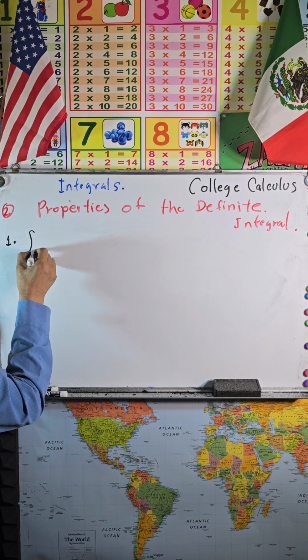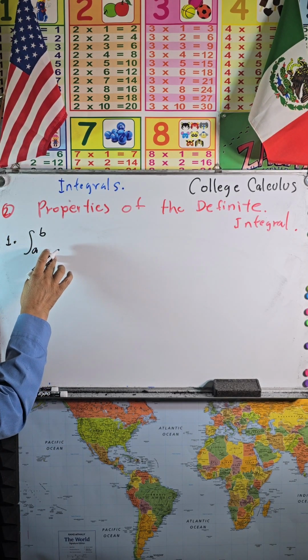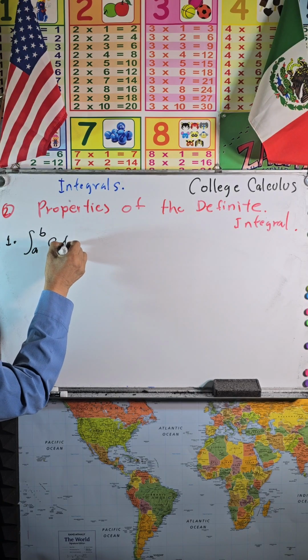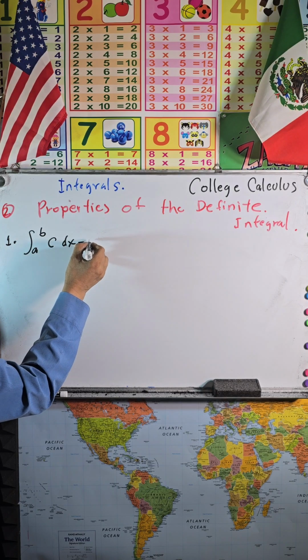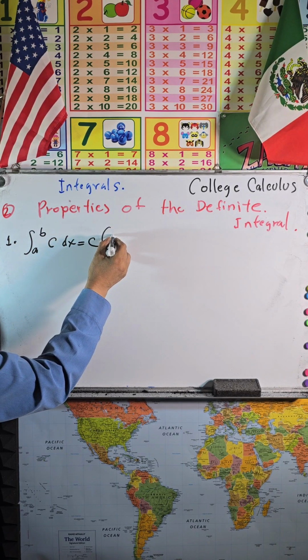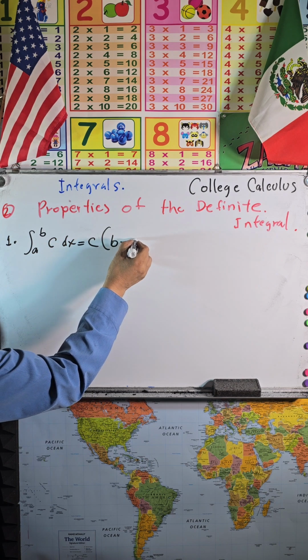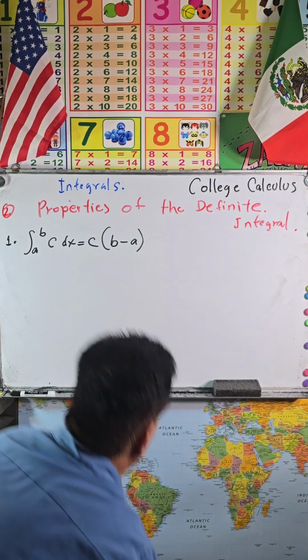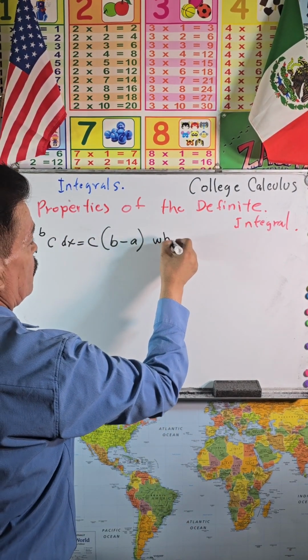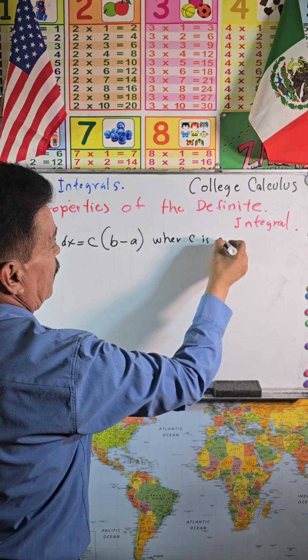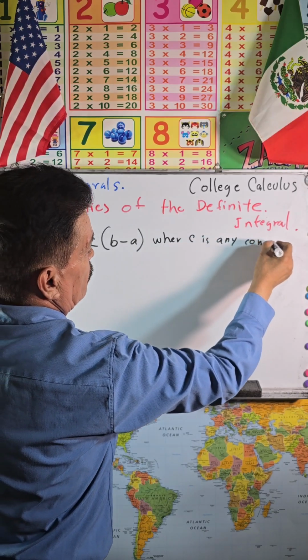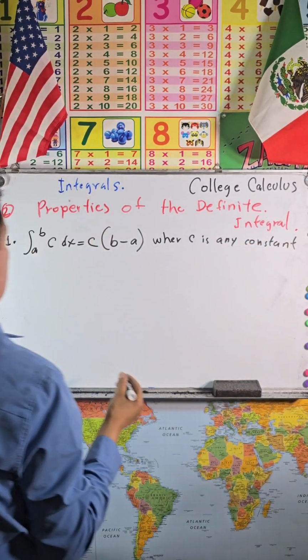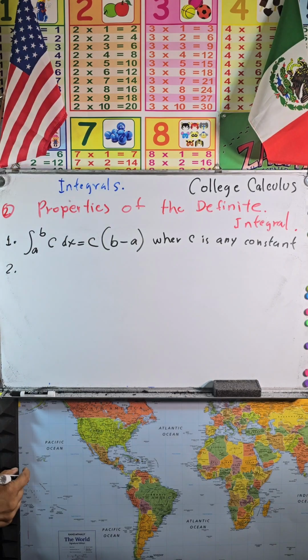So the first one, we have integral from a to b of c differential x equals c times b minus a, where c is any constant.